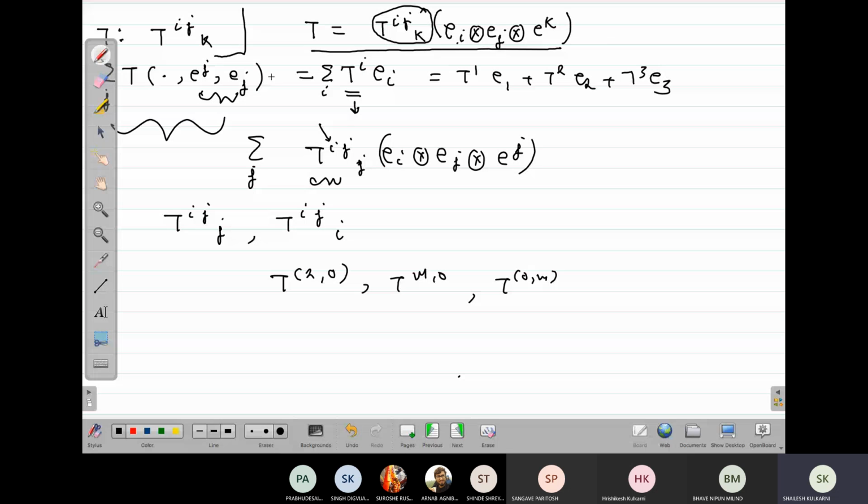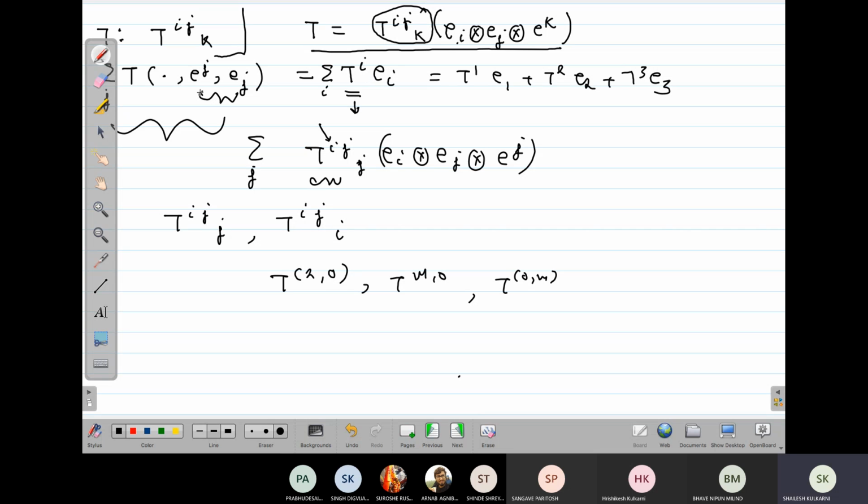But suppose I keep this slot vacant, that is, I represent it by a dot, and what I will do, I will consider a vector with one index and the dual basis vector with the same index, and I will sum over j. What I will get is a tensor of lower rank.